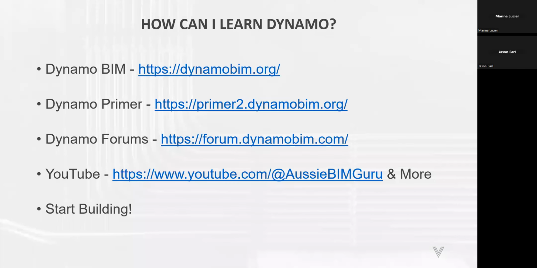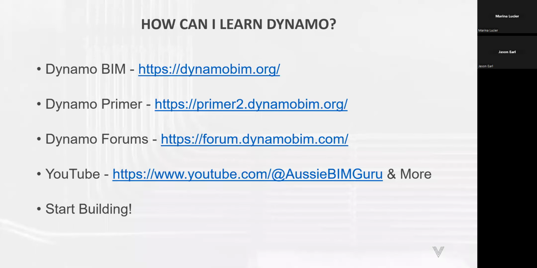Next up, what you might be thinking is, how can I learn Dynamo? You can learn a little bit here today. We're going to go over some very basic concepts, and we're going to build a pretty basic script, but hopefully one that could still be useful for you all. So some of the places where you can learn things. The official Dynamo website is dynamobim.org. So that's one place you can go.